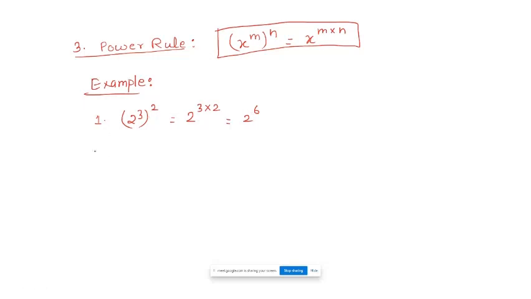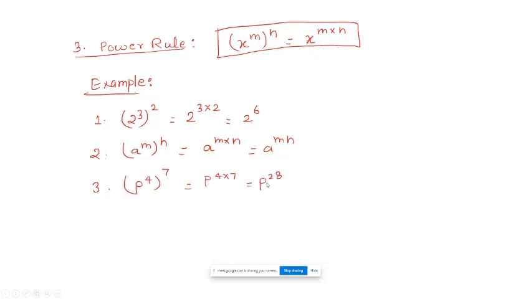Understand? Suppose I have a to the power m to the power n. What will happen? A to the power m times n. It means a to the power mn. Third one, if I have p to the power 4 to the power of 7, it means p to the power of 4 times 7, which implies p to the power of 28.